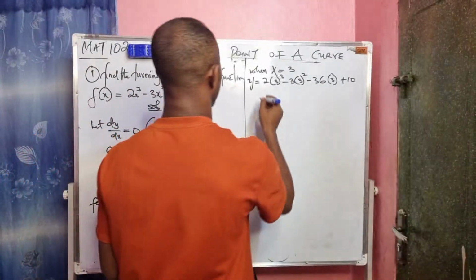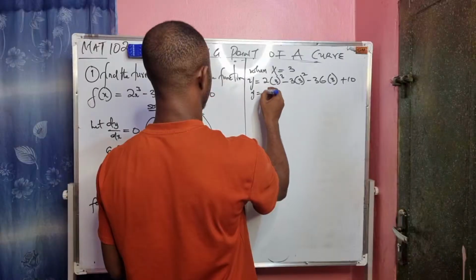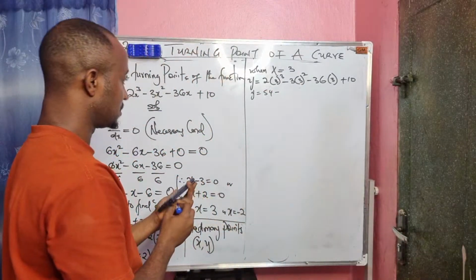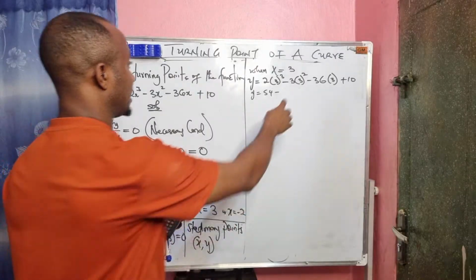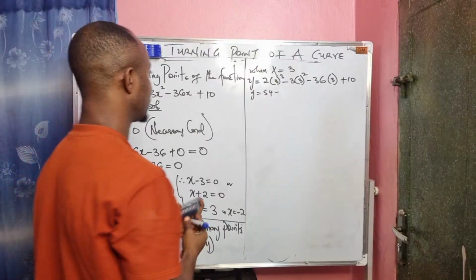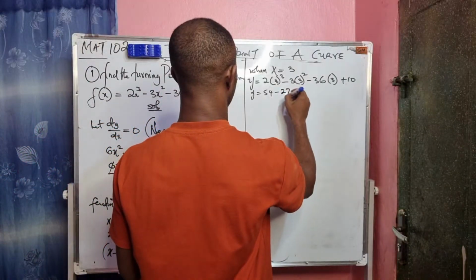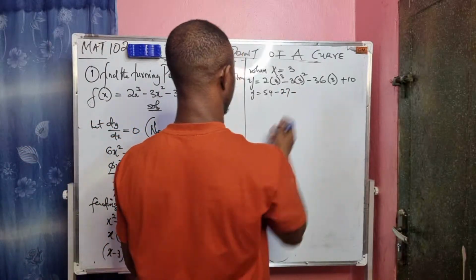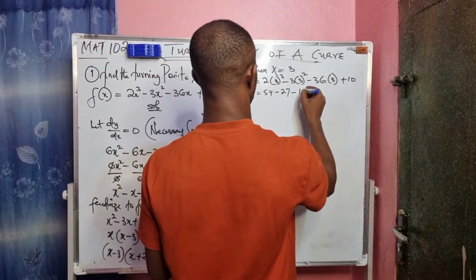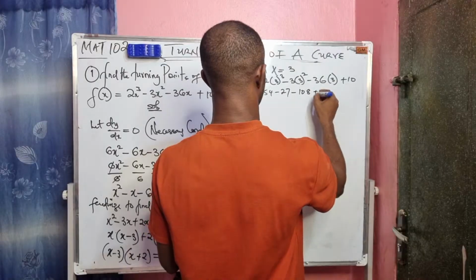Here we have y equals to 54 minus, this is 9, 9 times 3 is 27, minus 27. Here we have minus 36 times 3 is minus 108, then plus 10.